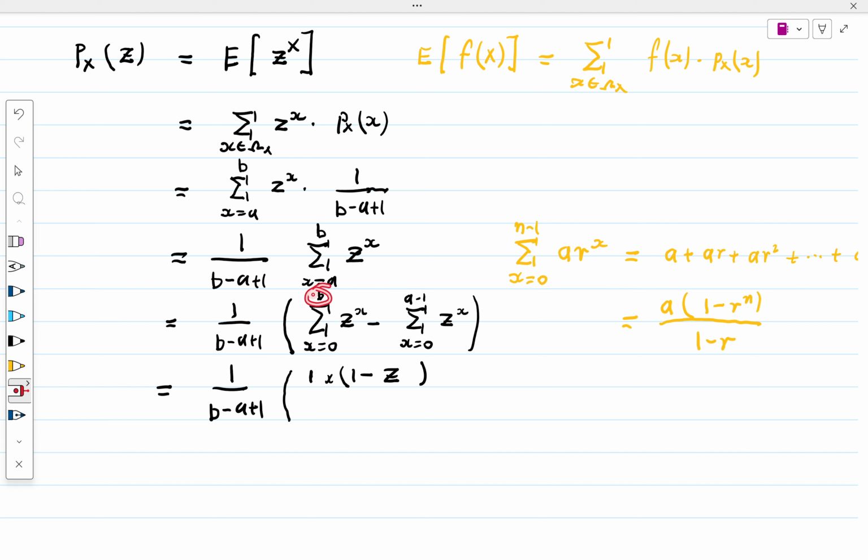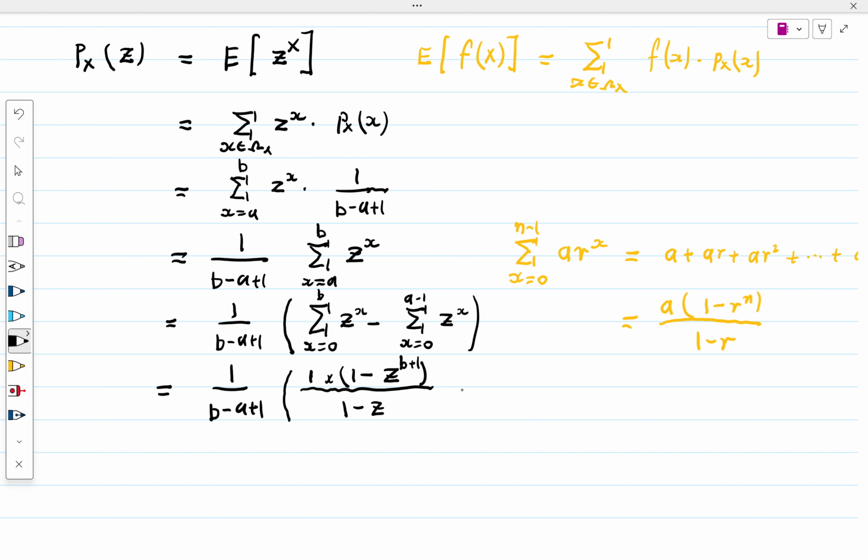So if b is equivalent to n minus 1, that means our n value is equivalent to b plus 1. So the coefficient here must be b plus 1. And then, of course, we have divided by 1 minus z.